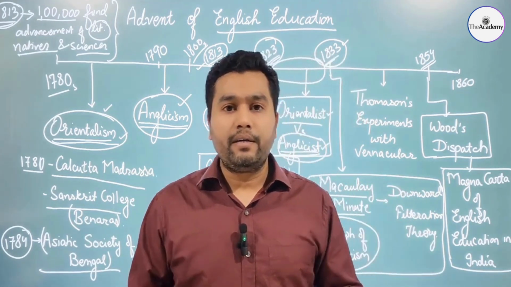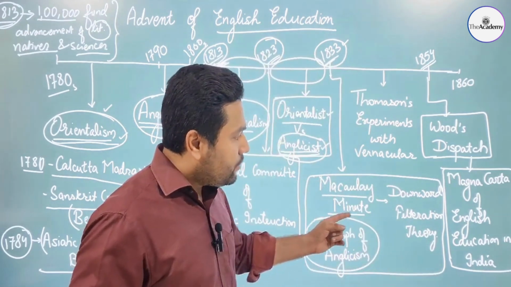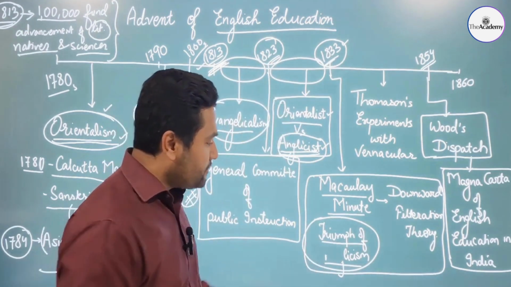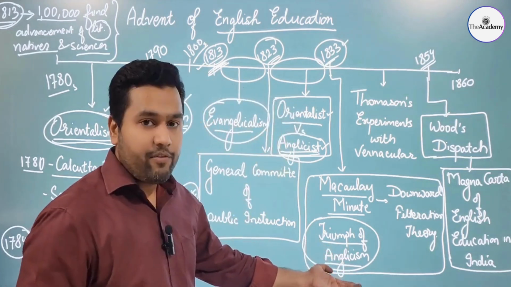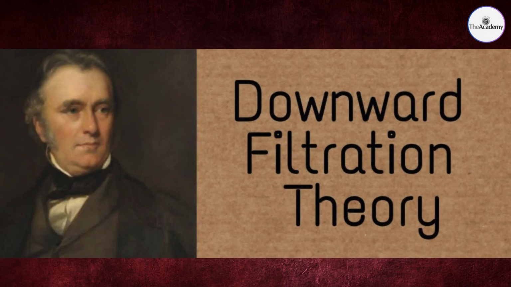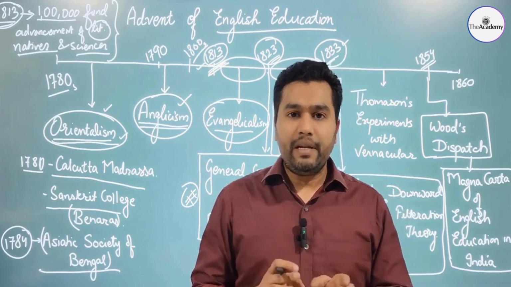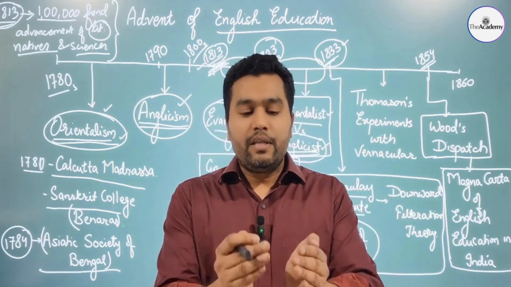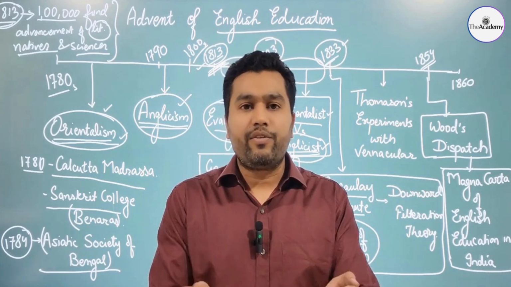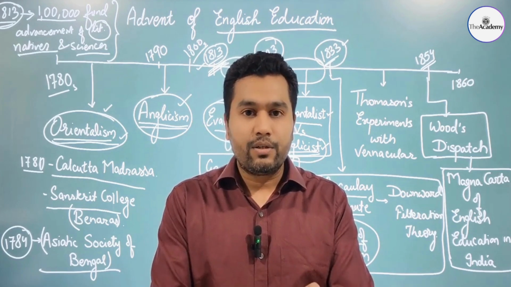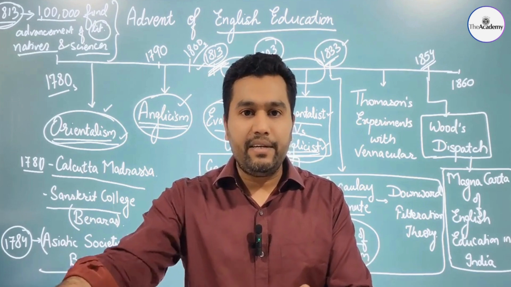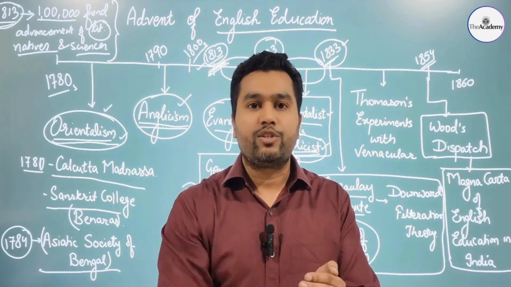And Lord Macaulay, while projecting the triumph of Anglicist ideology, also promoted a downward filtration theory. He believed that the British must selectively educate a class of Indians in English and let this class proliferate these English ideas to other sections of society.